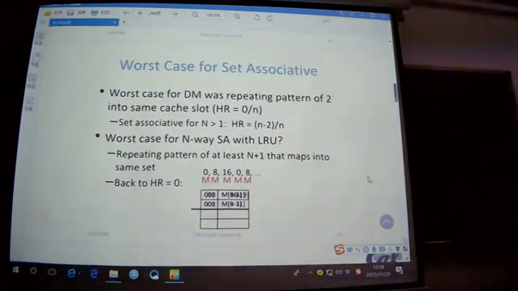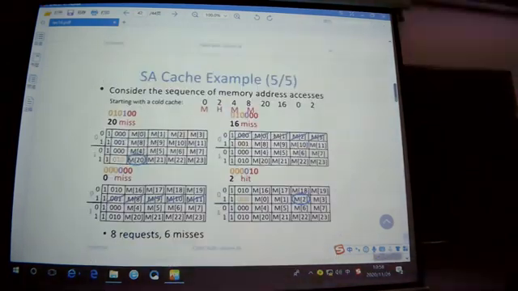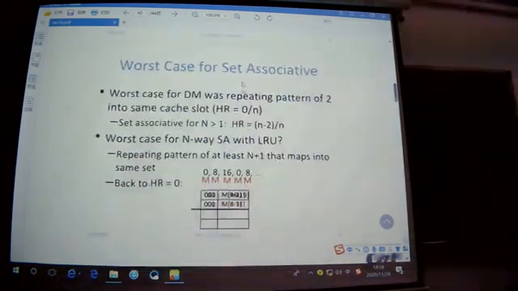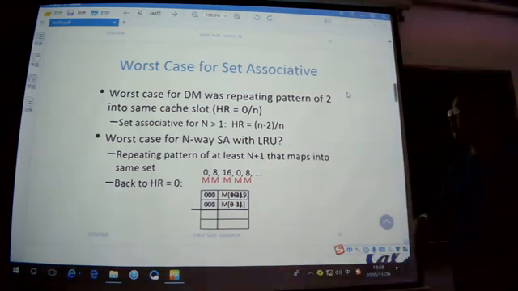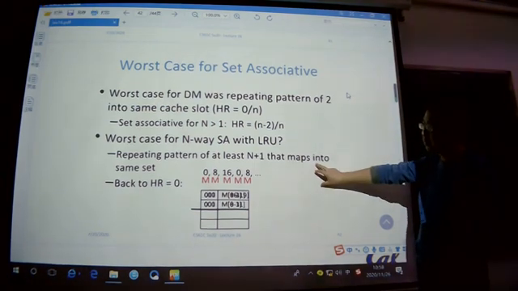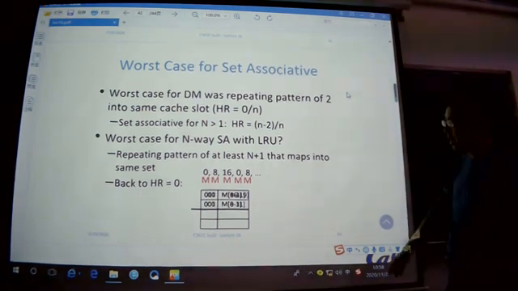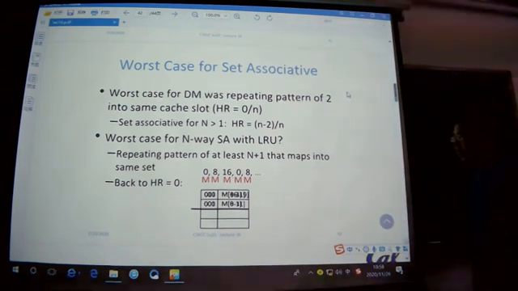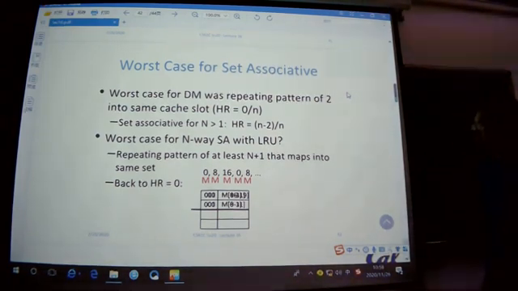This is the worst case in set associative. SA is set associative, DM is direct map. Worst case for DM, worst case for SA. We can find the repeating pattern of at least n plus 1 blocks that map into the same set.